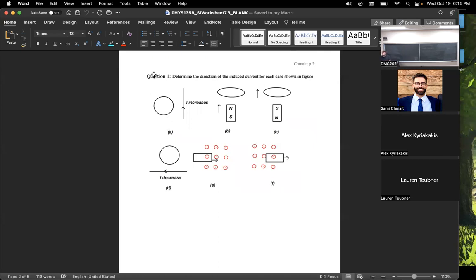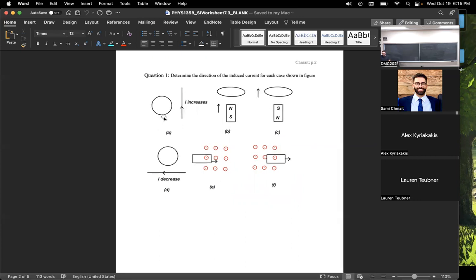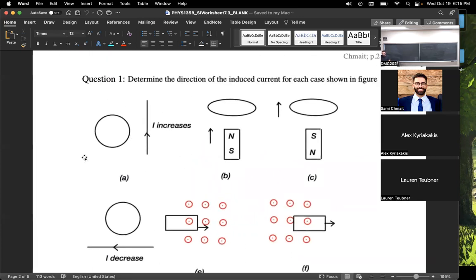So we have the current going upwards and that current is increasing. So what does that tell you about B? B is also going to be getting bigger, right? So you put your right hand rule number 2, you put your thumb in the direction of current, you curl your fingers. You'll see that on the left side, on this side of the wire, we have the B field coming out of the page.